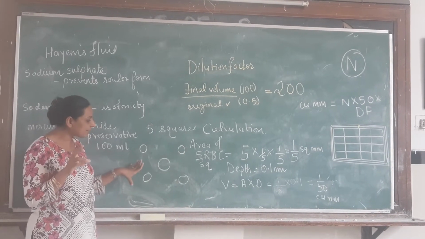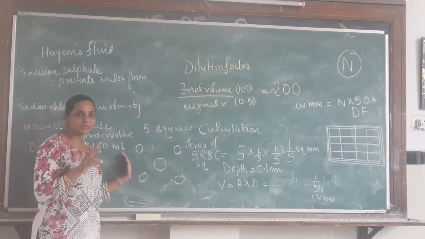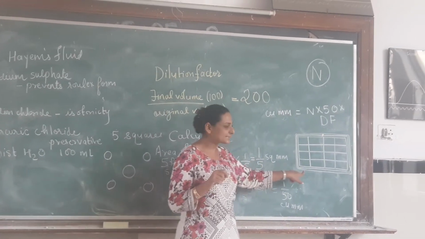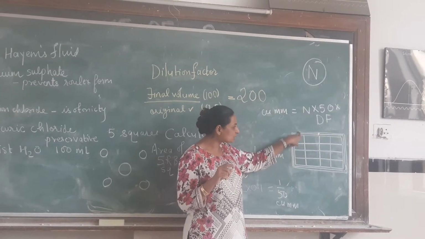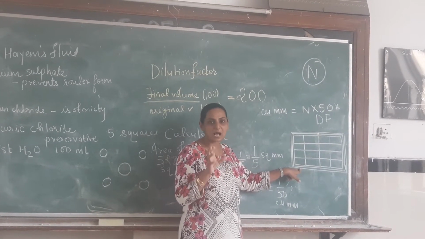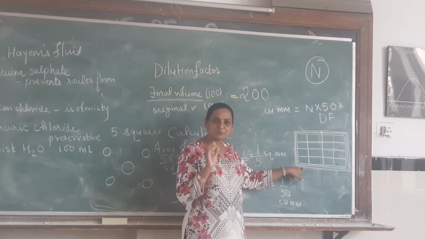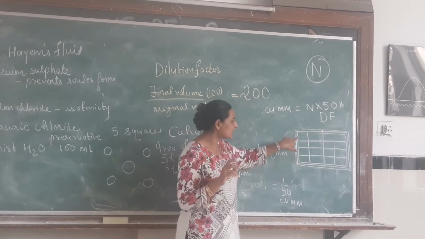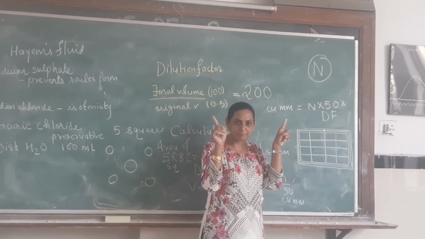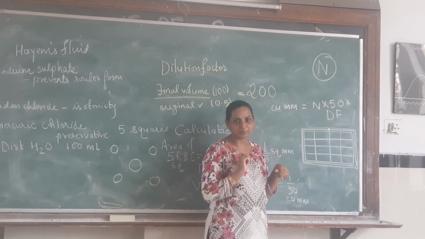And I identify the RBC counting chamber with the help of these triple lines. So once you see that there are triple lines, it is an RBC counting chamber. You have to count only in 5 boxes: the 4 outermost, upper and lower, and the central one.